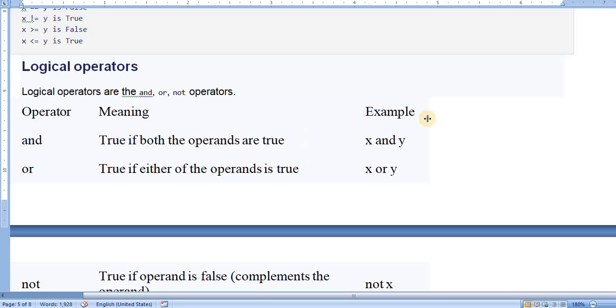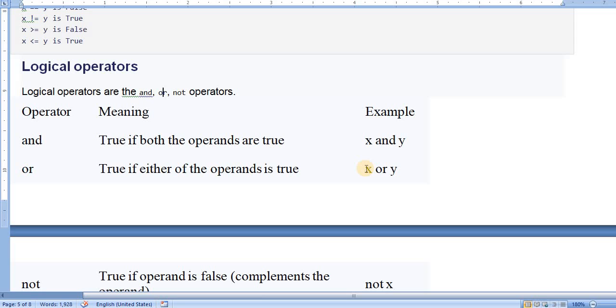So x and y. If the value of x is true, then it will check the value of y also. Okay, then it will return the value. If both the operands are true, it returns true. If either condition is false, suppose x is false, it will not check the value of y.